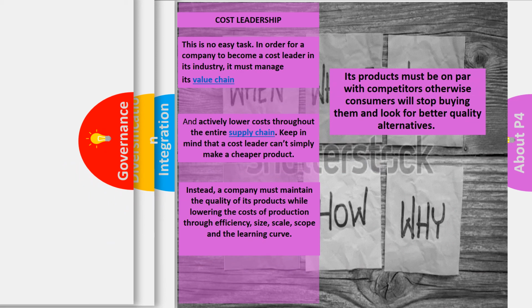When we're talking about cost leadership, its products must be on par with competitors. Otherwise, customers will stop buying them and look for better quality alternatives. Especially when you have a highly competitive marketplace, like the food retail industry in the UK, you see people have to constantly be innovative and creative.